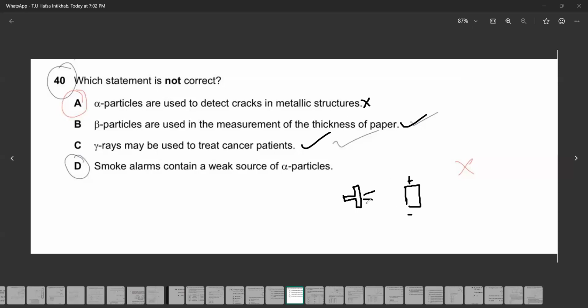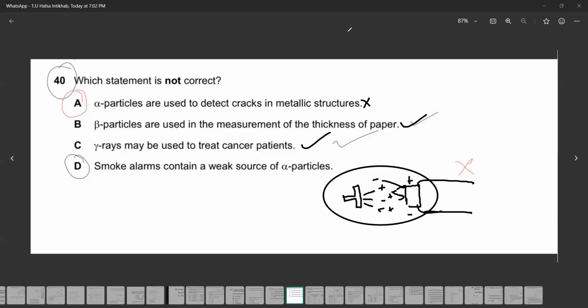When the alpha particle ionizes the air inside the smoke detector, alpha has a strong ionizing capability, so it produces both positive and negative charges. These charges move towards their respective electrodes, which are linked to the external circuit.